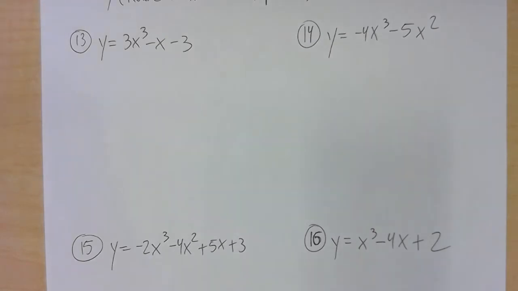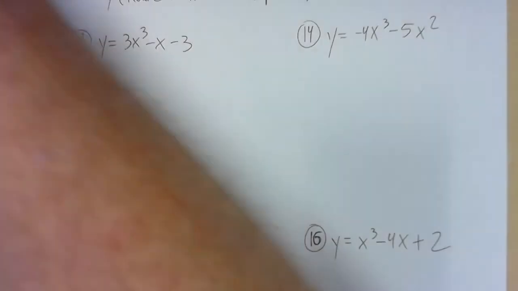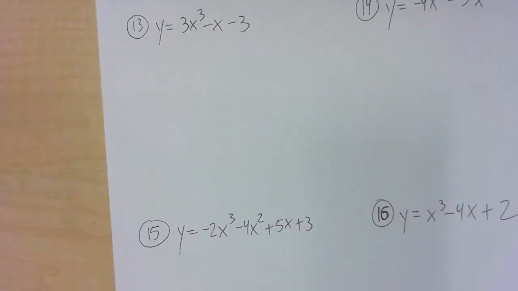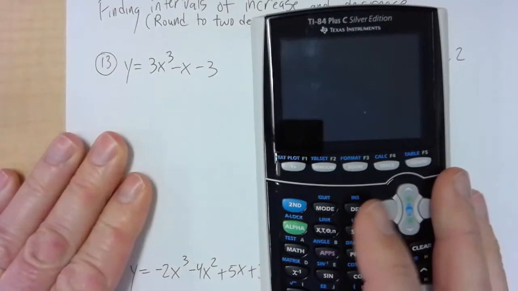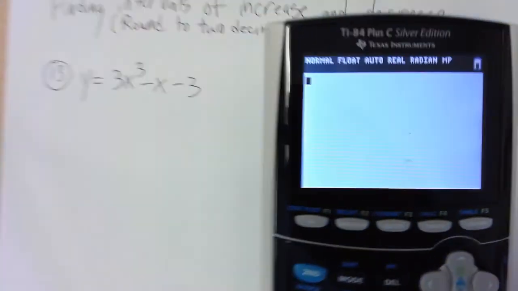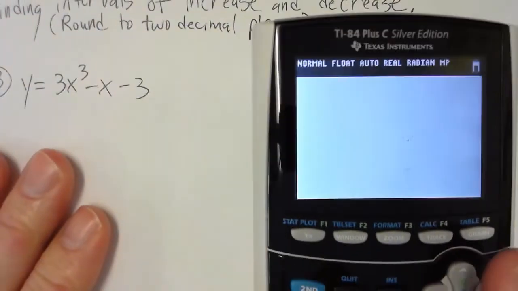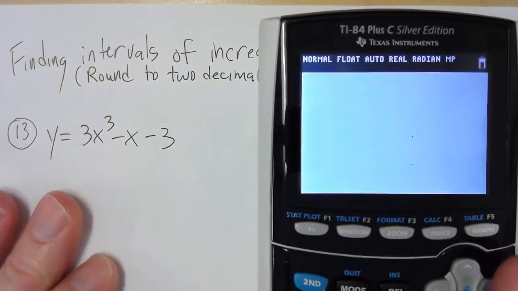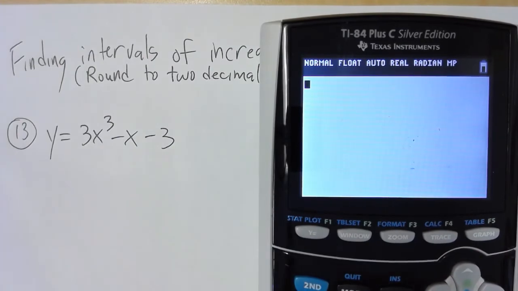Okay, so here's what we do. We type this in. I'm going to type this into the calculator. Let's get in a little closer. We're going to round everything to 2 decimal places. So this is the intervals of increase and decrease. This is not the end behavior of how it's going up and down, right? It's the intervals of increase and decrease.